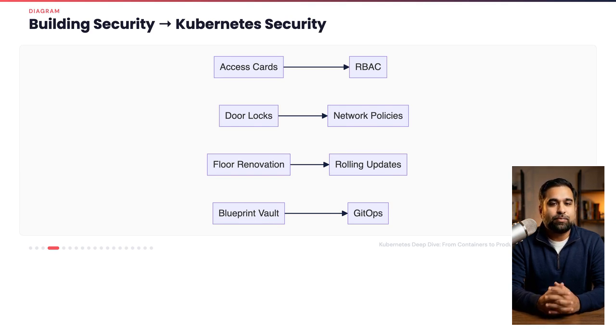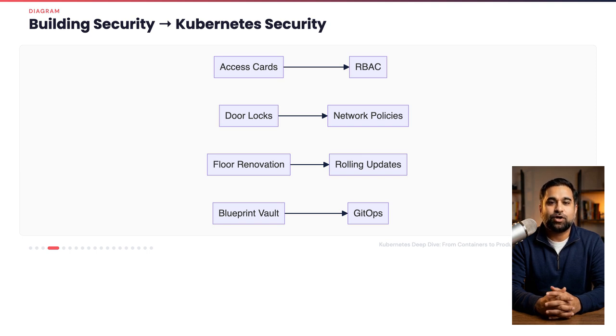But the building has more than access cards. Even on the right floor, you can't walk into every office. Doors have locks. This is what network policies do. Just because a pod is in the cluster doesn't mean it can talk to every other pod. Now imagine the building needs renovations. You don't shut down the whole building. You renovate one floor at a time while people keep working.